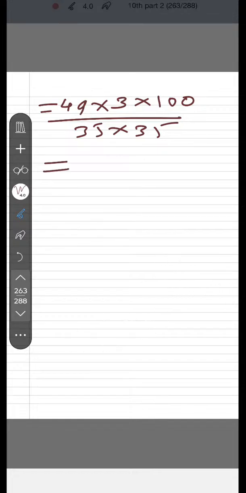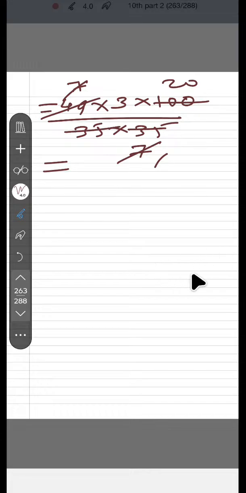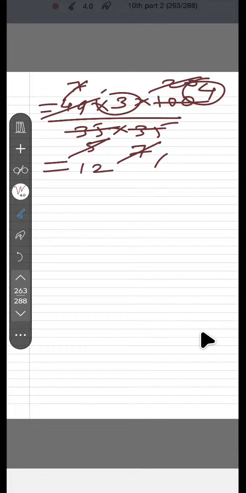See what will happen. 7 ones are 7, 7 sevens are 49, 7 fives are 35, therefore 5, and so on. What will I get? It is equal to 12.